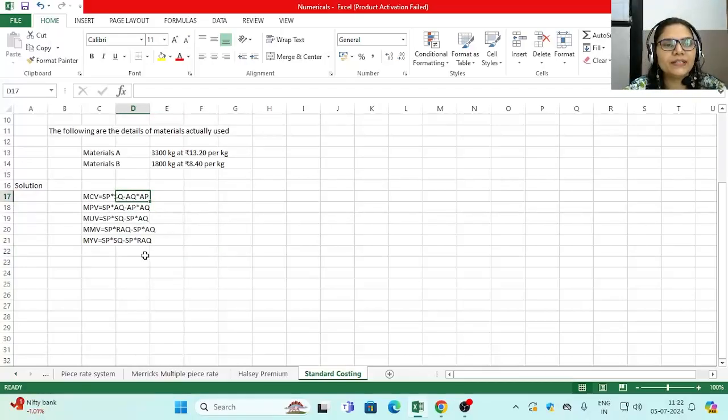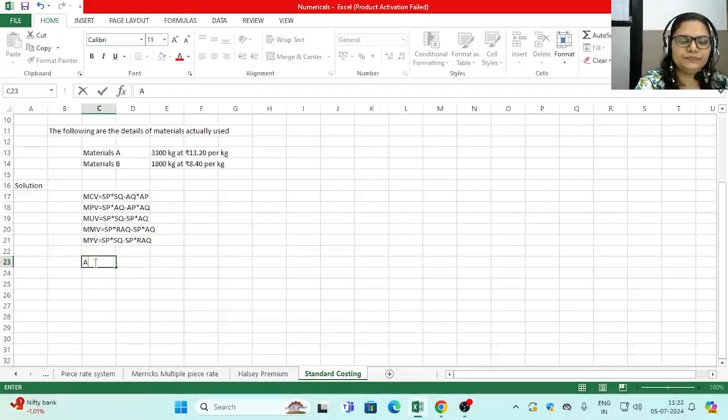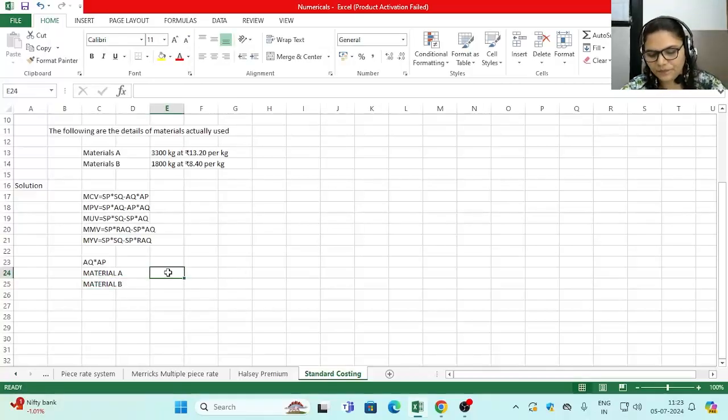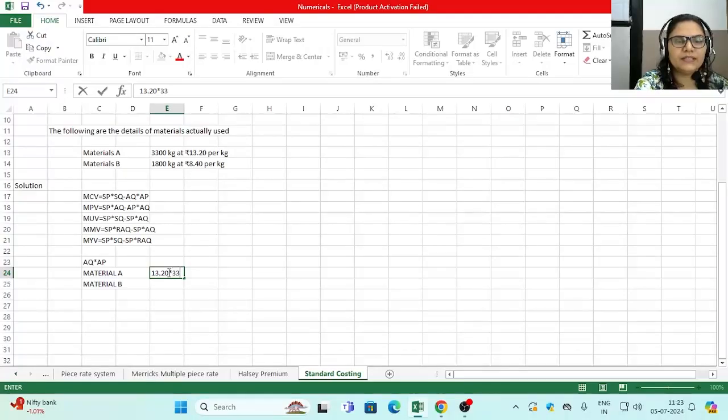First of all, let us calculate AQ into AP, and this we will calculate separately for material A and material B. Now material A is 13.20 into 3300. It will give you 43,560.